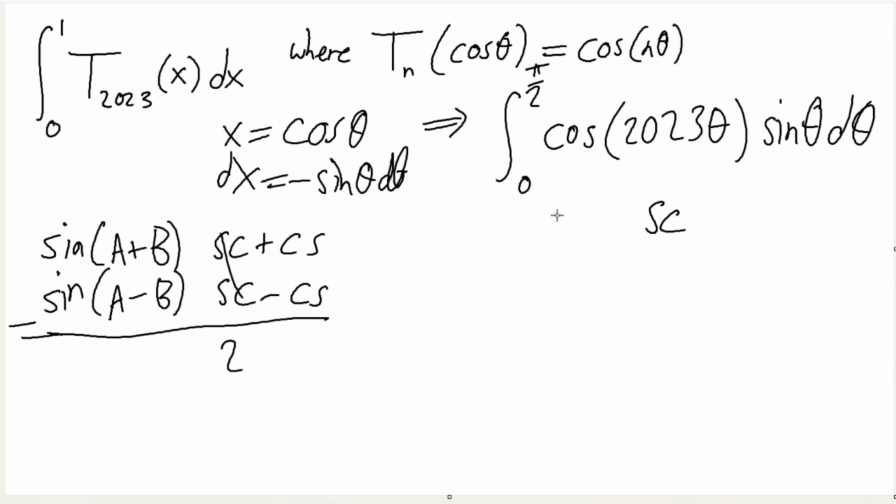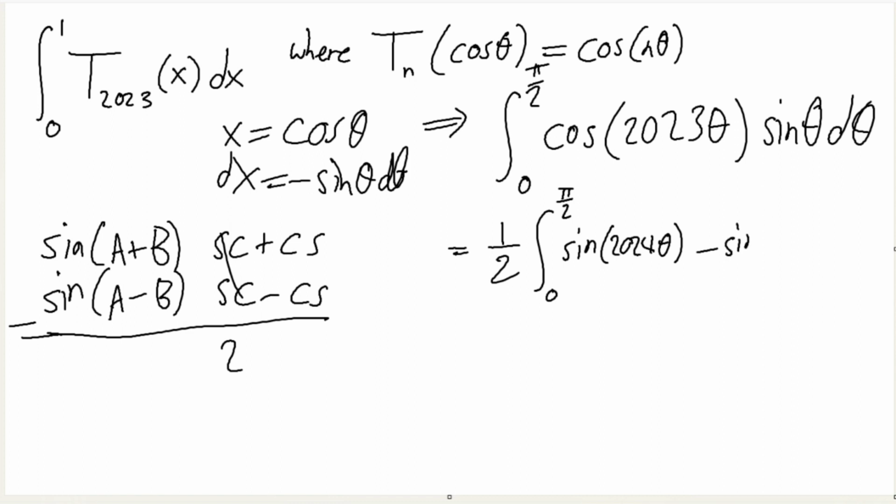So this is a half though, because we only have this instead of 2. So it's a half of pi over 2, and then here we get 2023 plus 1. That's sine of 2024 theta minus 2023 minus 1, that's 2022 theta d theta.